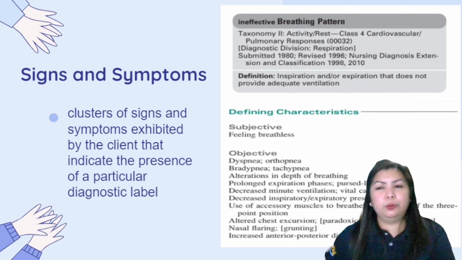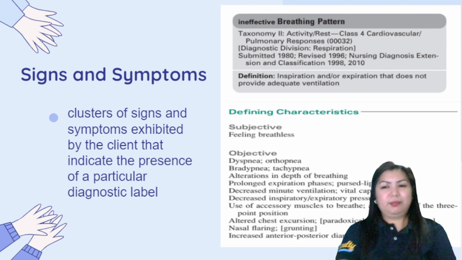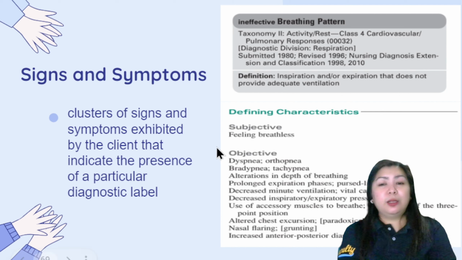If you look at the lower part, it already tells you what the usual subjective data of the patient are if you have this particular diagnostic label, and what the usual objective data are. So you know what to expect if your client is having this problem.